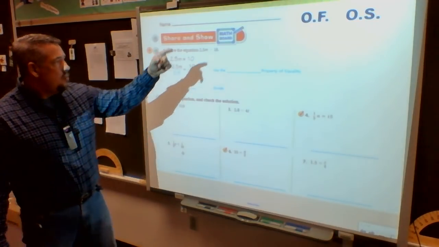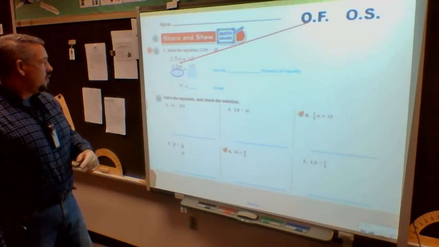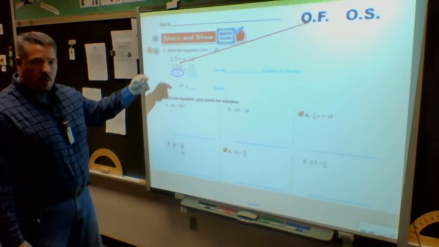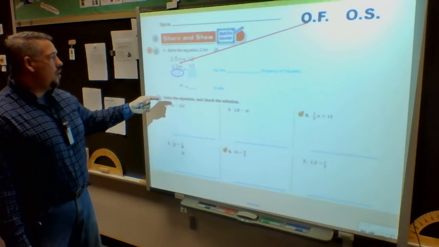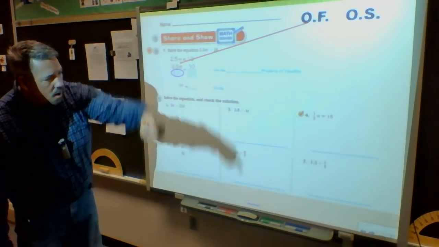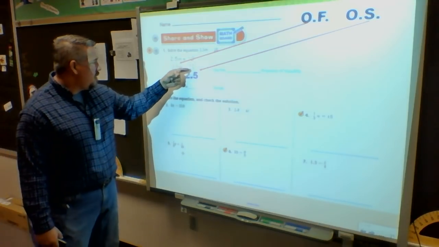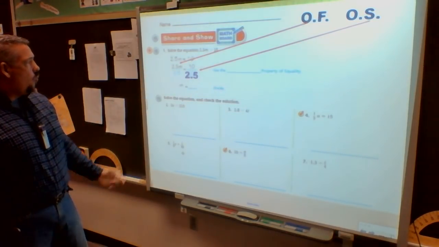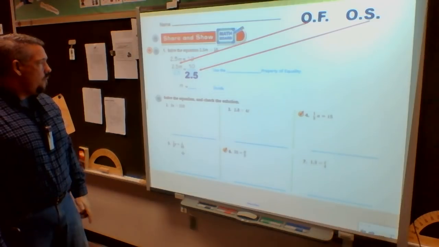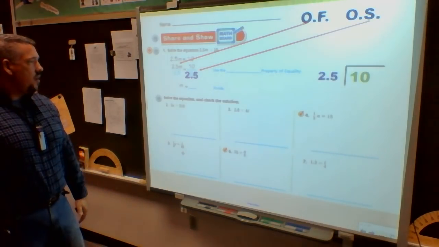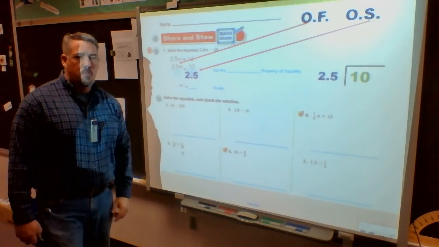So I'm going to do my opposite function. I'm going to divide by 2.5. Then I'm going to do what? Opposite side, right? 10 divided by 2.5. Where does the top number go? Inside my division box. I'm dividing by 2.5.